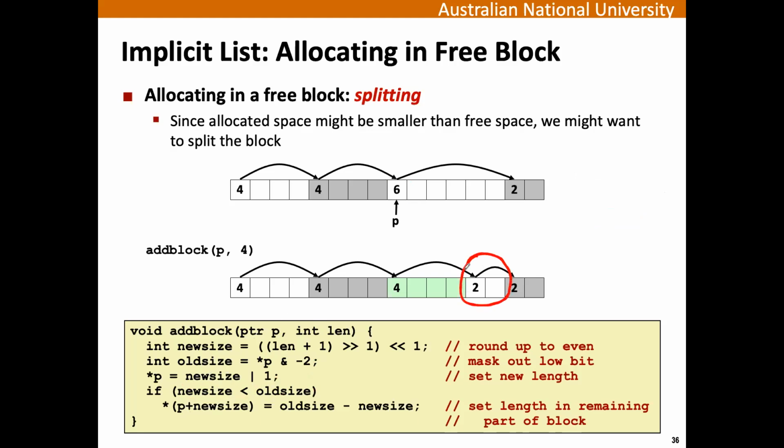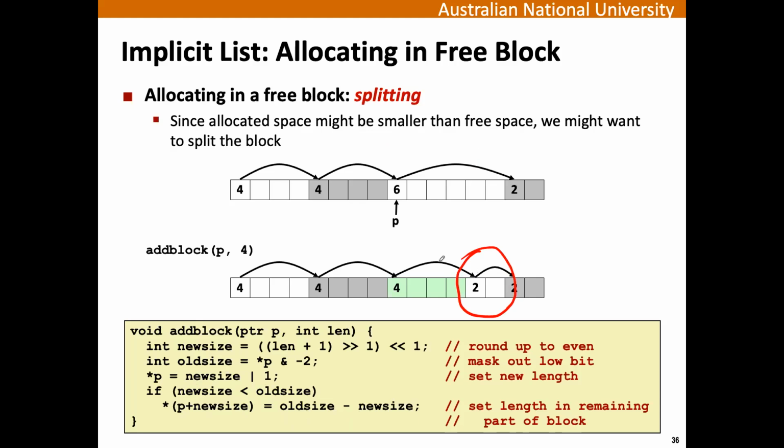Instead of throwing away those words, you are dereferencing P, the pointer, the start here, plus new size, whatever size you have given to the user. You are setting it to the difference between the old size and the new size. So basically, you're setting the header for this new block after splitting.